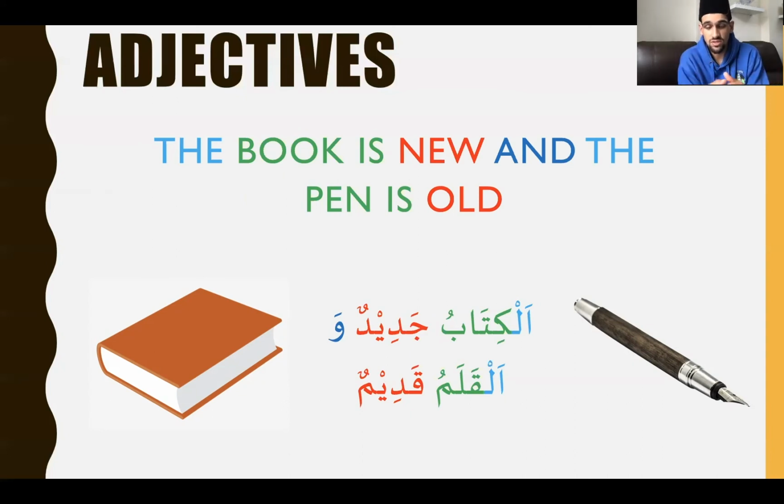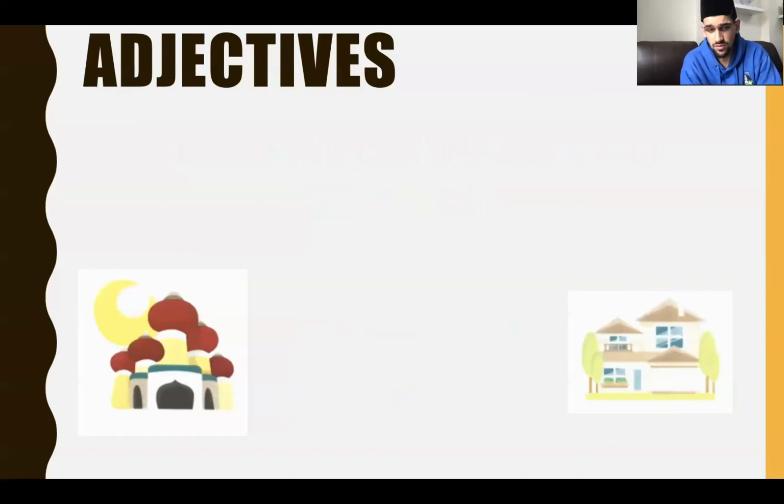So even the easy words, try to say them out loud, and practice so that it becomes very fluent and easy for you and on the tip of your tongue. So adjectives, more words and more learning.